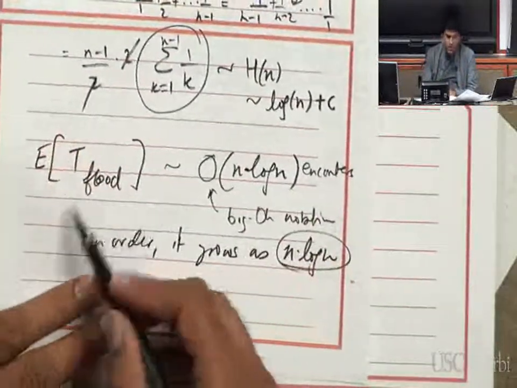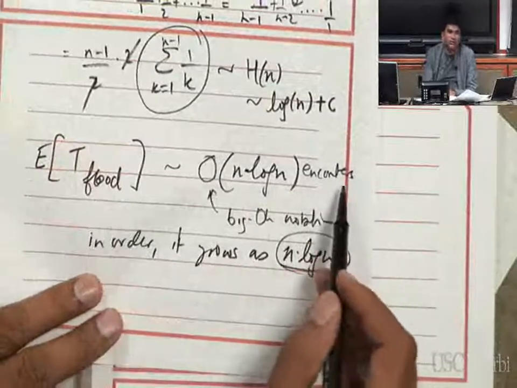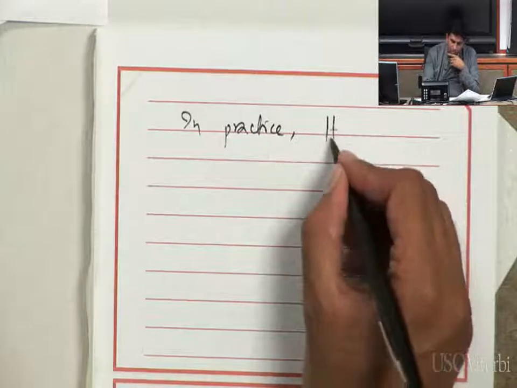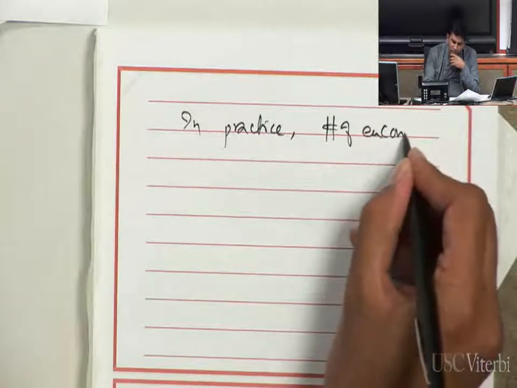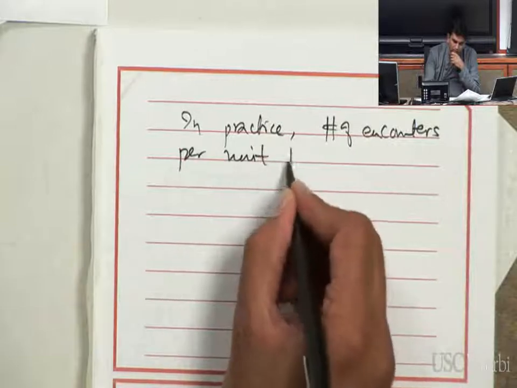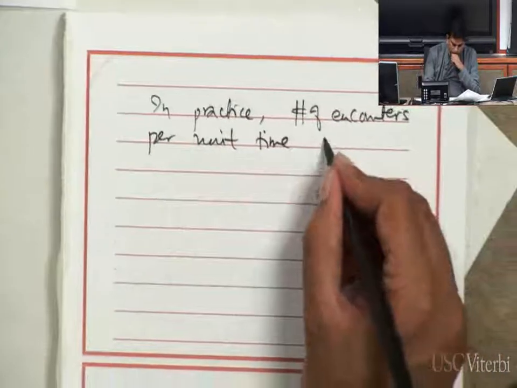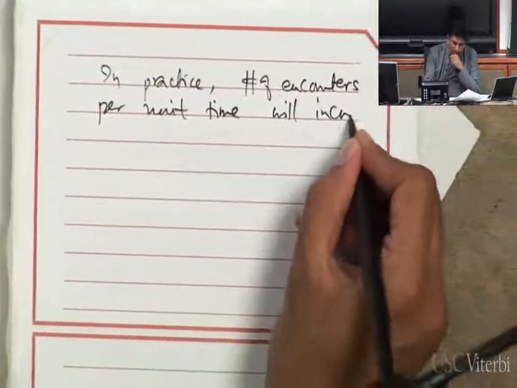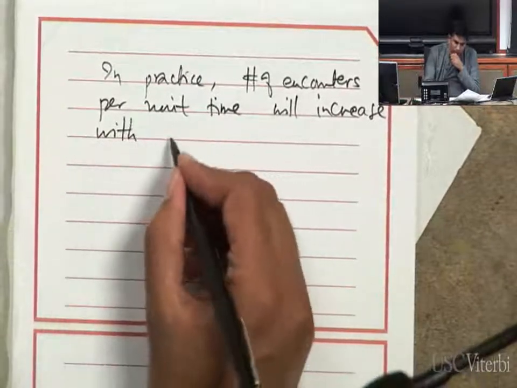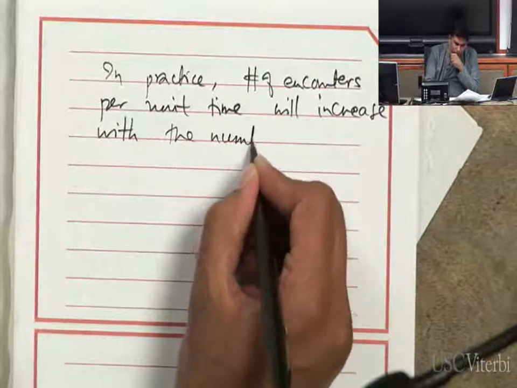So if you say, what is the unit of this flooding time? It's how many encounters does it take? But in practice, the number of encounters per unit time will increase with the number of nodes.